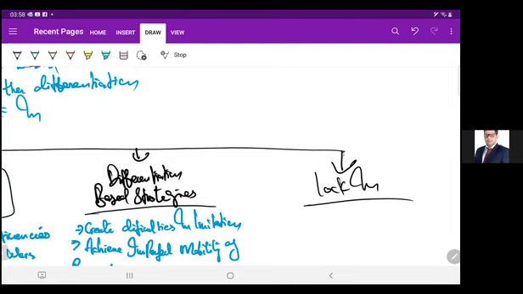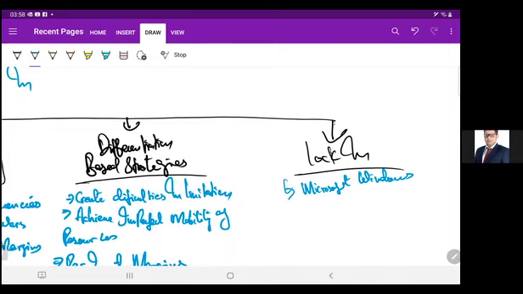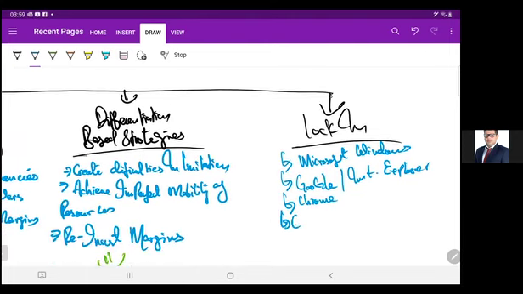For example, Microsoft Windows, Google Chrome, Internet Explorer, etc., or you do buy Gillette products. What do they do? Let me explain over here.